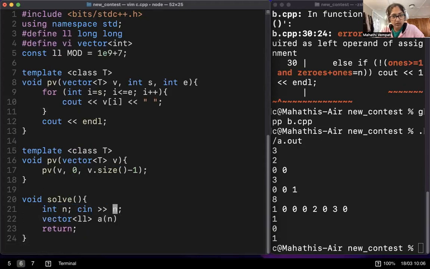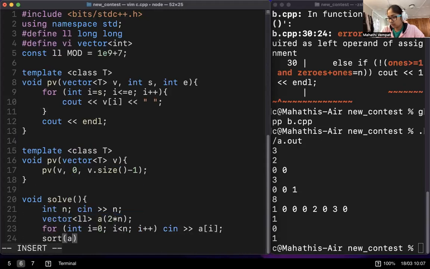They'll give you n, and then it's an array of size 2n. For int i equals 0, i less than n, i plus plus, cin a of i. Sort a.begin, a.end.